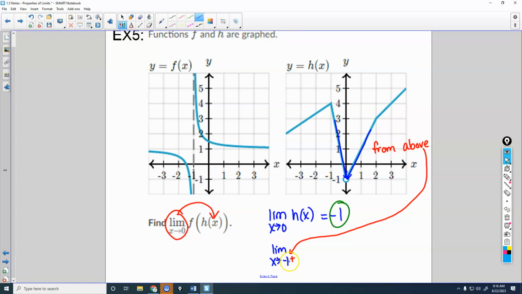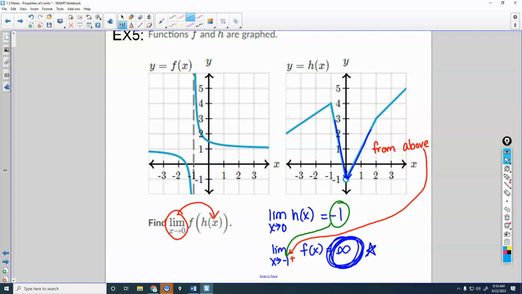So we're doing the limit as x approaches -1 from the right of f of x. And if we only look at the right-hand side of this graph, we approach positive infinity here. So that is our final answer there. That -1 goes here.